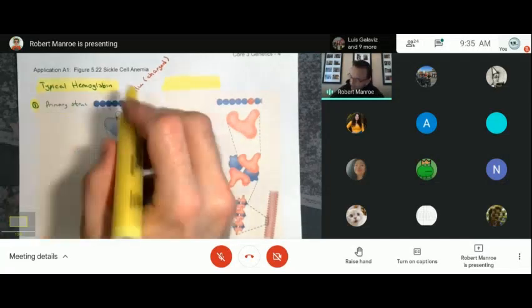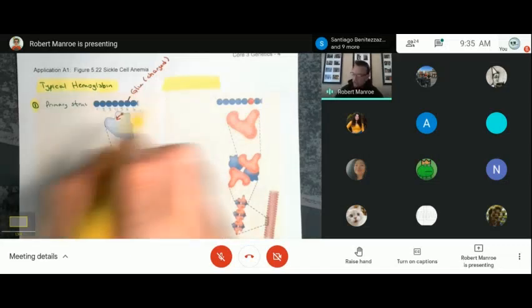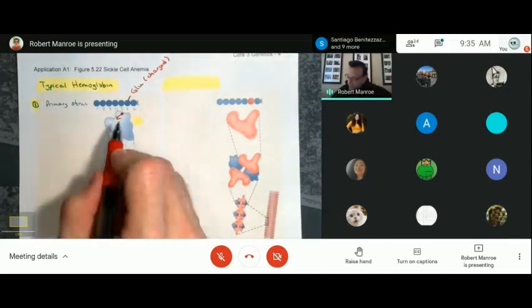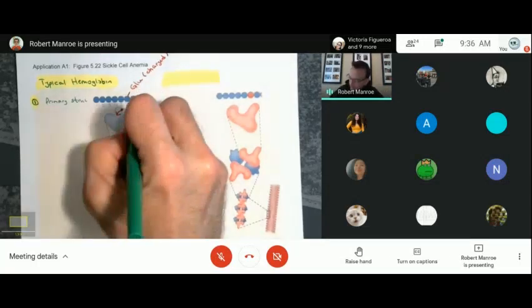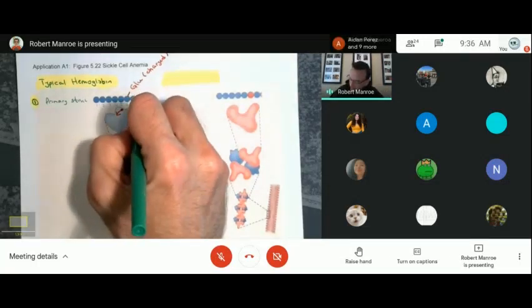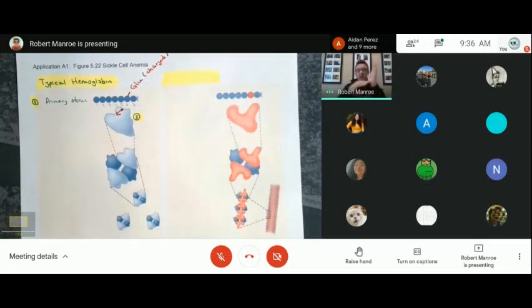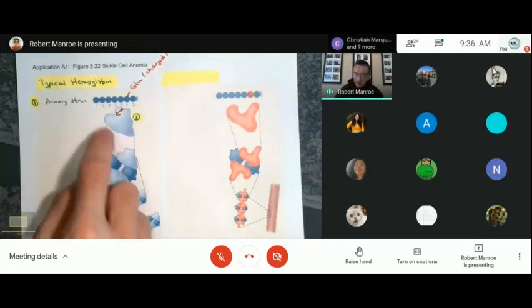So when the protein forms its tertiary shape, this area of the protein right there is polar. And you know that polar is attracted to polar. And so it takes the top part of that protein and it folds in. Why? Because it's polar here and it's polar here. And so the protein folds in and makes this nice globular protein.